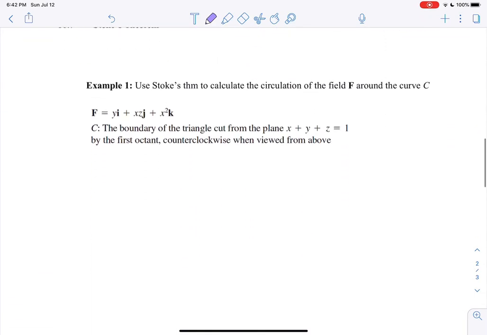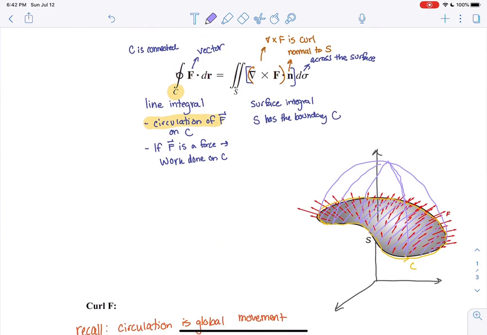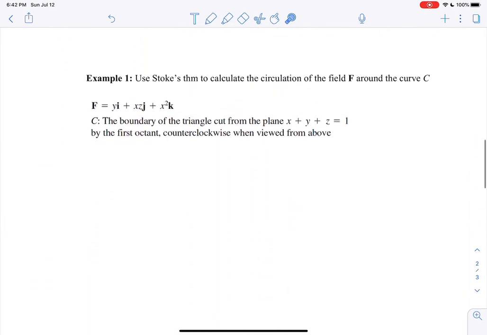So let's use Stokes' theorem to calculate the circulation of this vector field around a curve C. The wording of the question is almost identical to everything we described up here on the left-hand side of Stokes' theorem. So we're finding the circulation of the vector field on some curve, but it tells us to use Stokes' theorem. So we're really asking to use the equivalent surface integral that is the key point in Stokes' theorem.